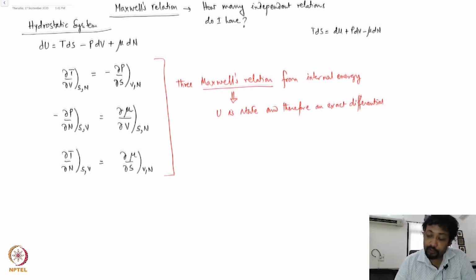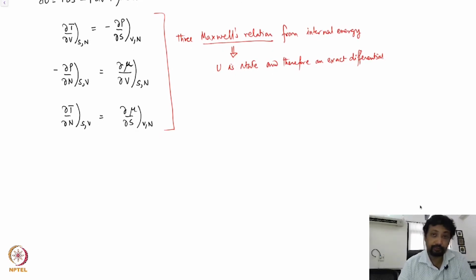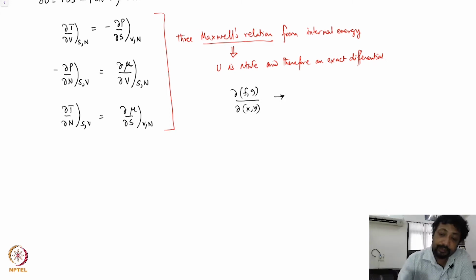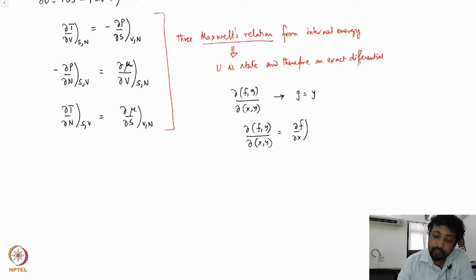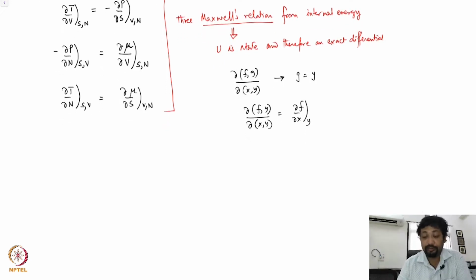Now I want to use my knowledge of Jacobians. When we did Jacobians, we understood that del f comma g, del x comma y, and in this relation, if I substitute g equal to y, then it follows that del f comma y, del x comma y is equal to del f, del x, y held constant. But here I have treated the function as a function of two variables.